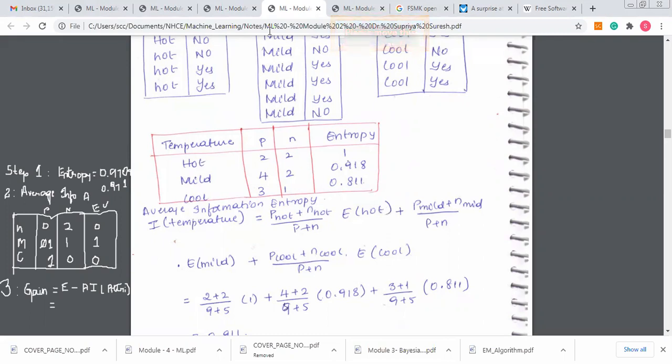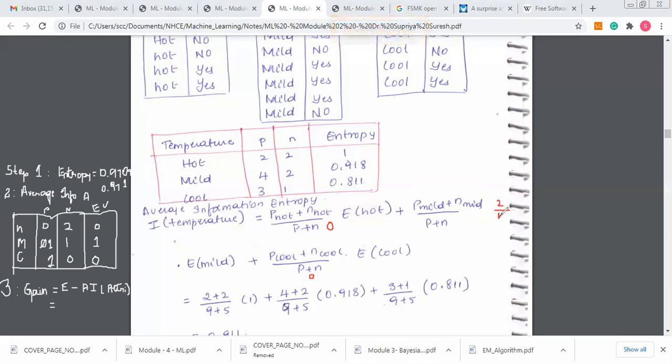Already we have these 2 terms as 0. So the cold term is 0, the hot term is 0. The only thing we will get here is P mild plus N mild, whose value is 1 and 1, so it's 2 divided by, what is P plus N? What value should I take, 9 and 5 or 2, 3? Ma'am, 2, 3 only.